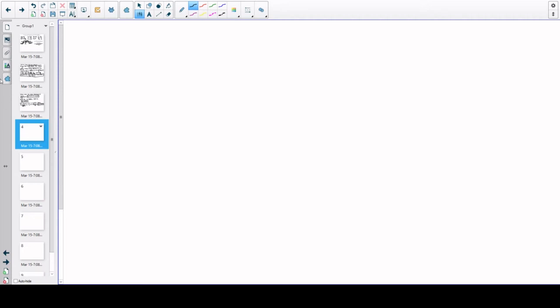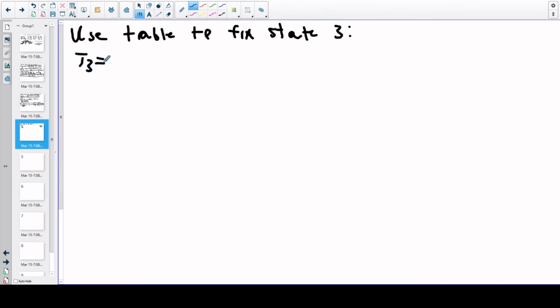State 3 is really easy. This one was given to us. We were given the max temperature of the cycle, T3, which was 2400 degrees. And so at 2400 degrees, we can find everything that we need using table A22. Is it A22E? Yeah, A22E. And so we know that T3, as I said, was 2400.